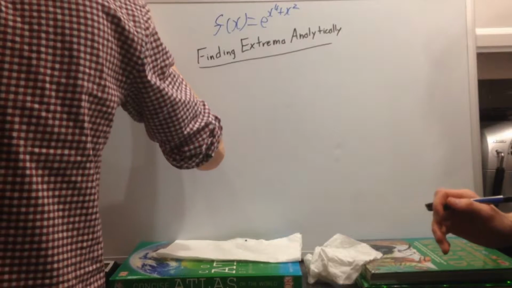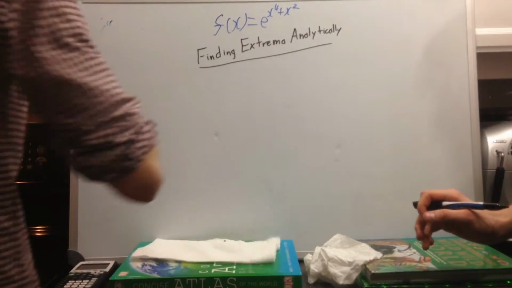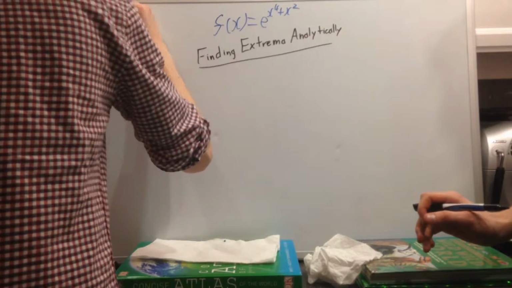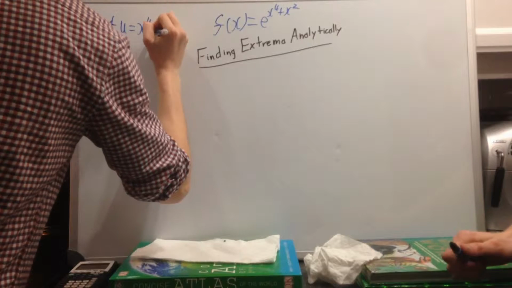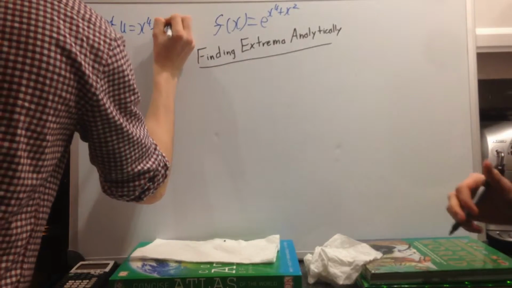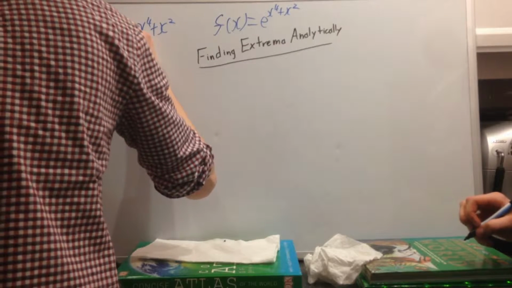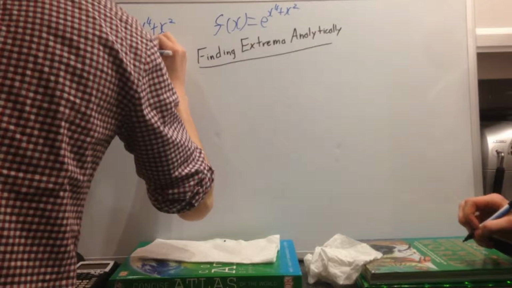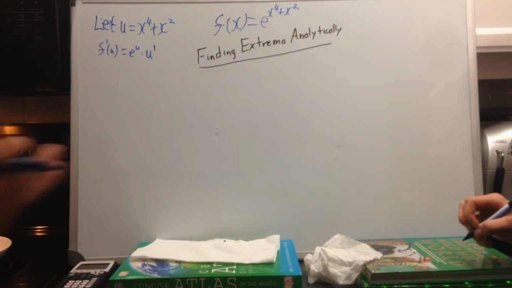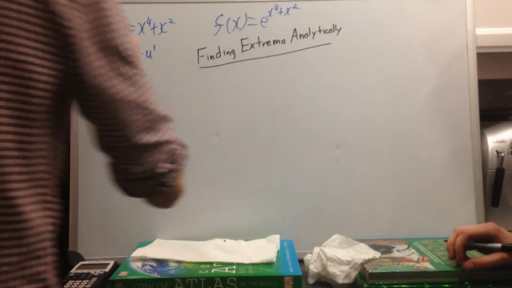Actually, we're going to let u equal x to the 4 plus x squared. F prime of u is going to equal e to the u times u prime. Then we're going to sub the equation back in.